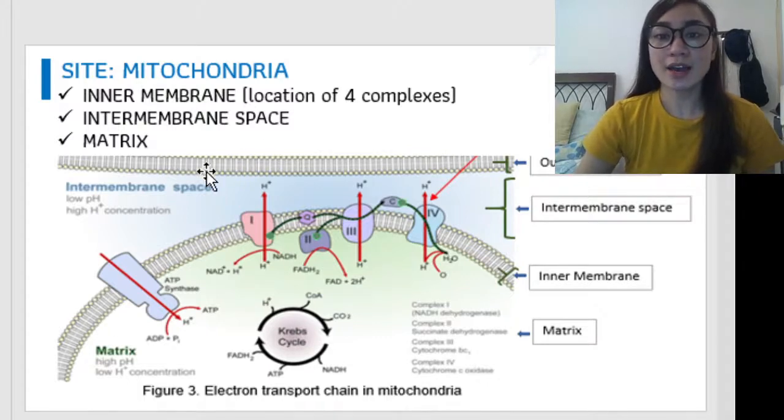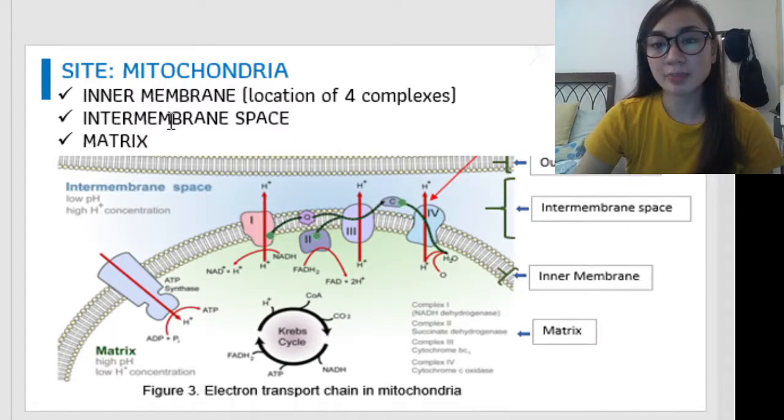So, we have 3 parts of mitochondria which are very important in this topic. We have the inner membrane. This is where the 4 complexes are located. So, ito po iyon, the inner membrane. And we have the intermembrane space which is right above our inner membrane. And we have the matrix which is under ng ating inner membrane.